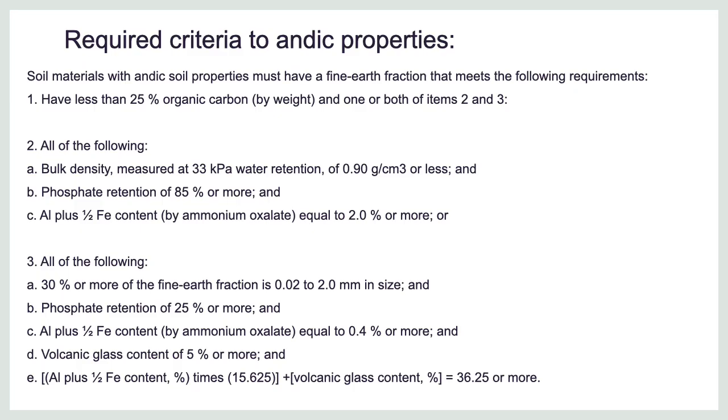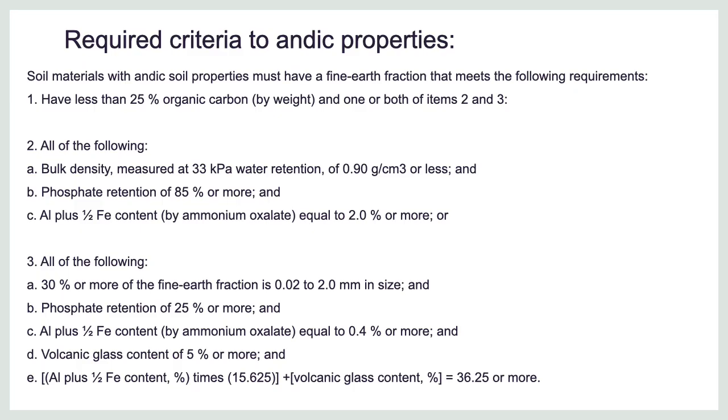bulk density, or I should register a very high phosphorus retention of 85% or more. JJ, how can I do that? Well, you just need to mix a sample of soil with some phosphate, and you know the phosphate concentration at the start.